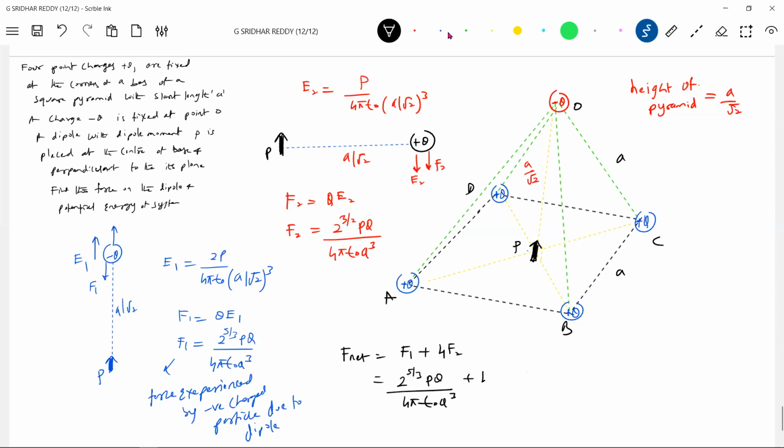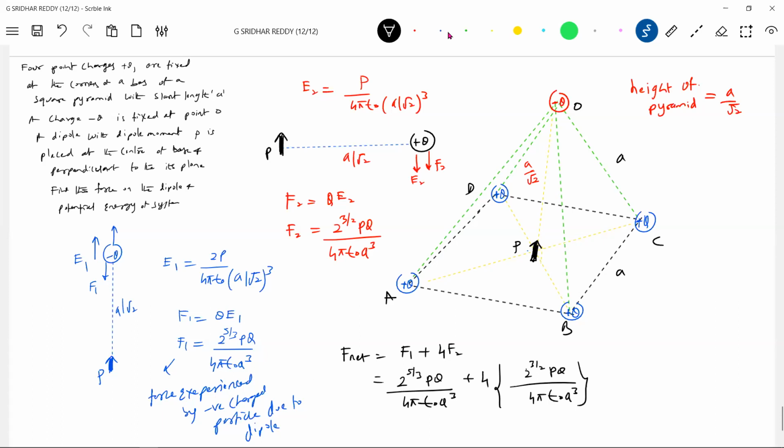Four times. Okay, solving this, we'll get PQ by 4 pi epsilon naught, A Q we will take outside.